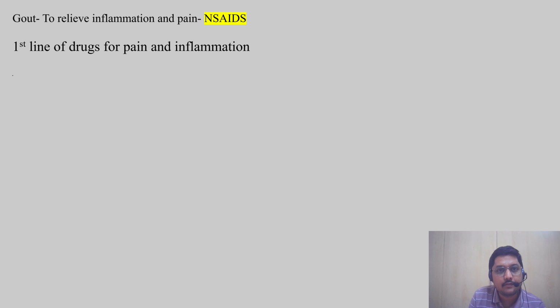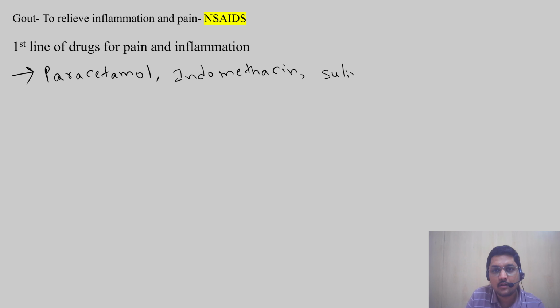What are the list of NSAIDs which are commonly used in the treatment of gout? Paracetamol is used in gout, and other NSAIDs: indomethacin is used, sulindac is used, and etodolac, and there are some propionic acid derivatives.